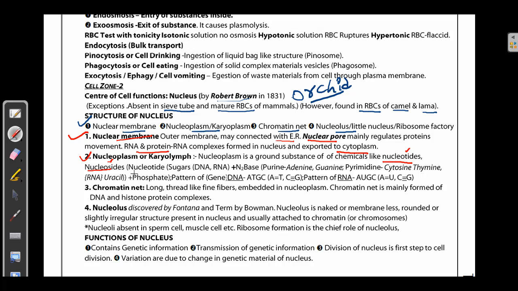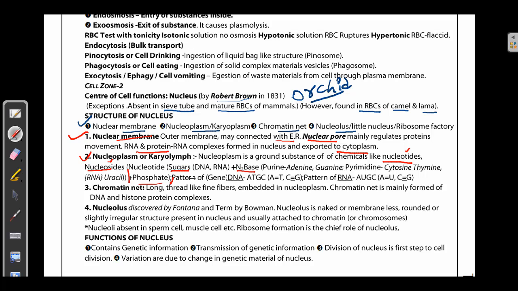Here in brackets I try to clarify what is meant by nucleotide. A nucleoside has a sugar and a nitrogen base. When it is joined with phosphate, it becomes the complete nucleotide.